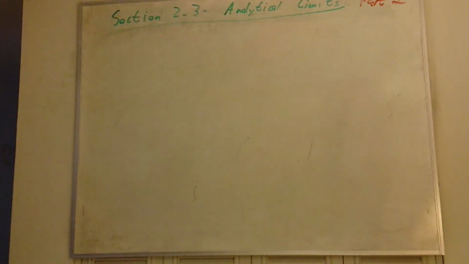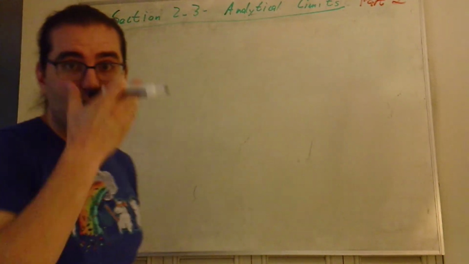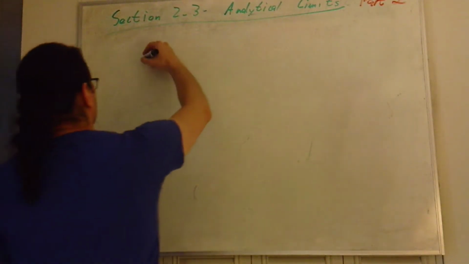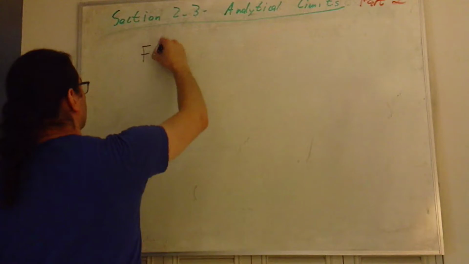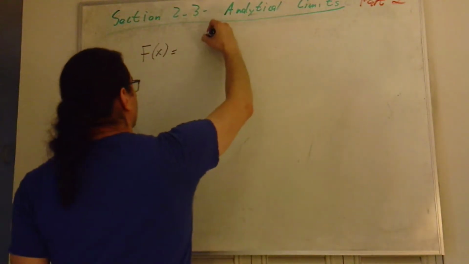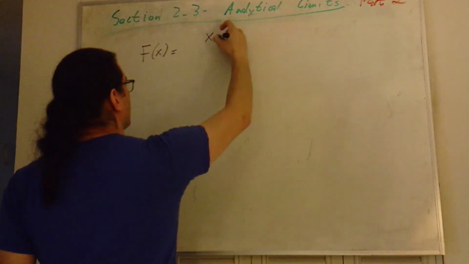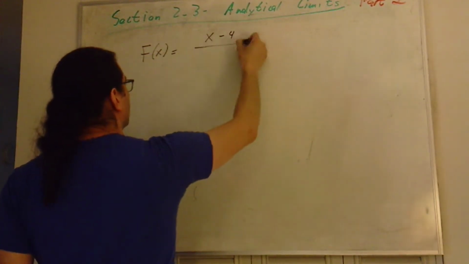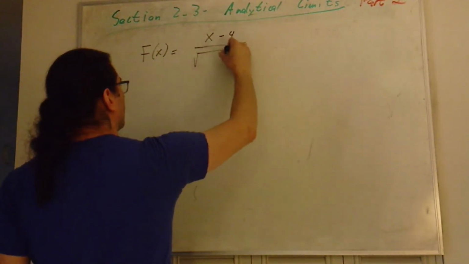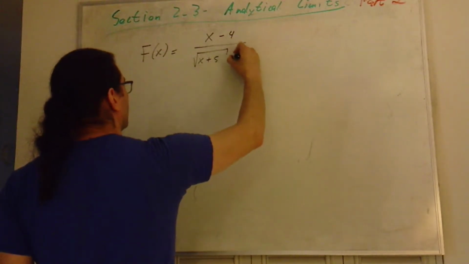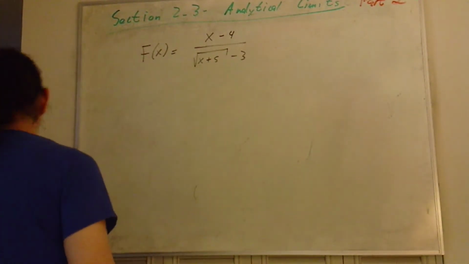So there's one more really important technique that I want to talk about in terms of simplifying these things. And for that, we're going to have to look at kind of a goofy looking function. Let's say f of x equals x minus 4 divided by the square root of x plus 5 minus 3.